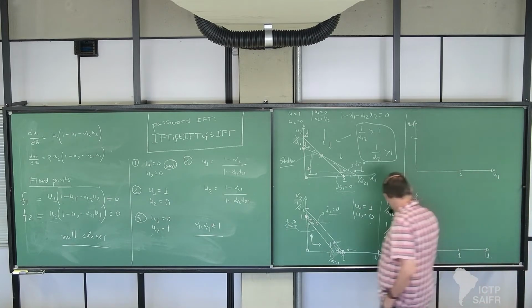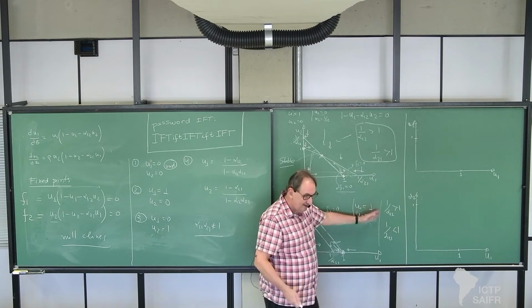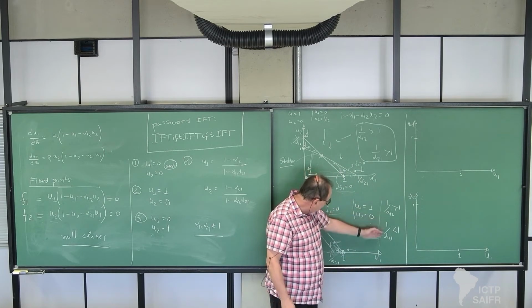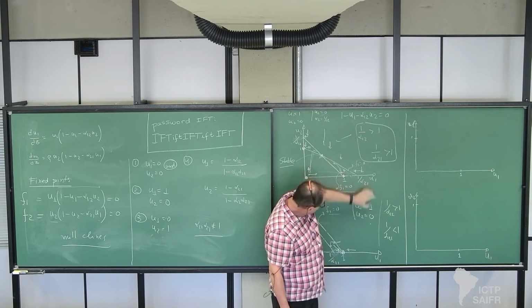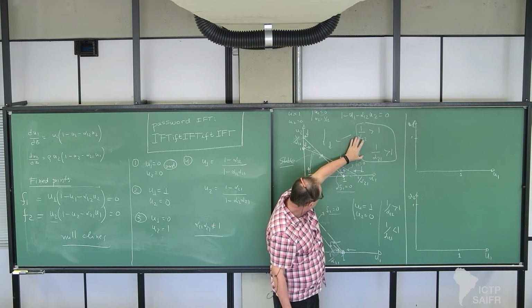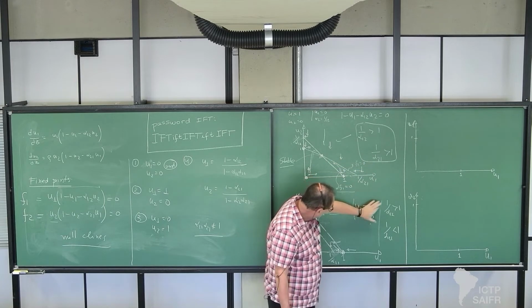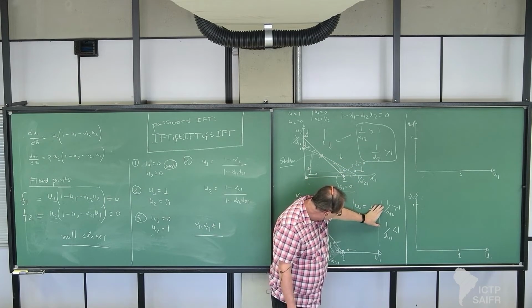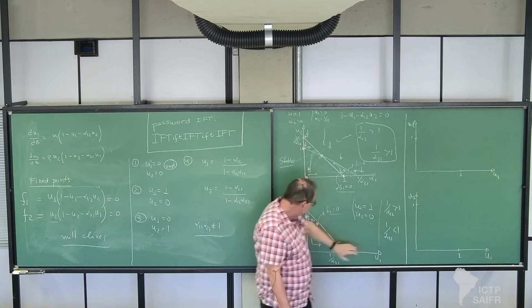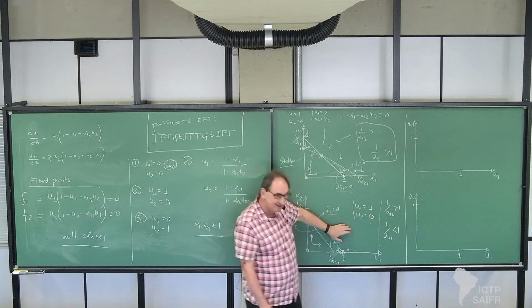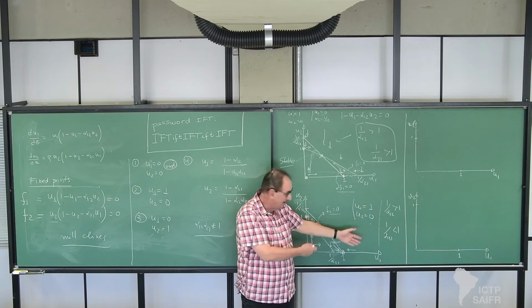If they obey this one, if these are both larger, if they obey these inequalities, then you have the result that one eliminates the other one.